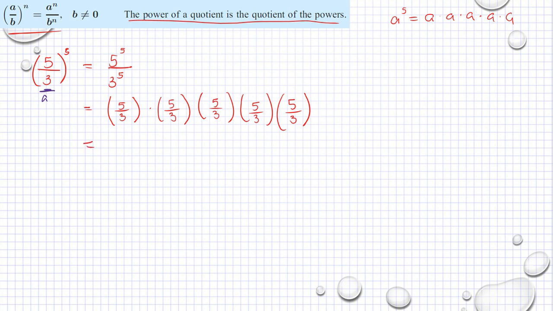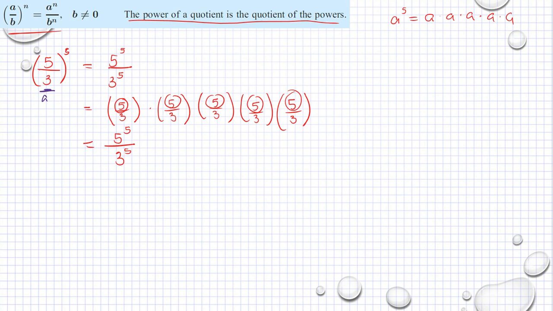Then as you can see, 1, 2, 3, 4, 5. There are 5 fives, 5 raised to 5, and then 3 raised to 5. There are 5 threes also.